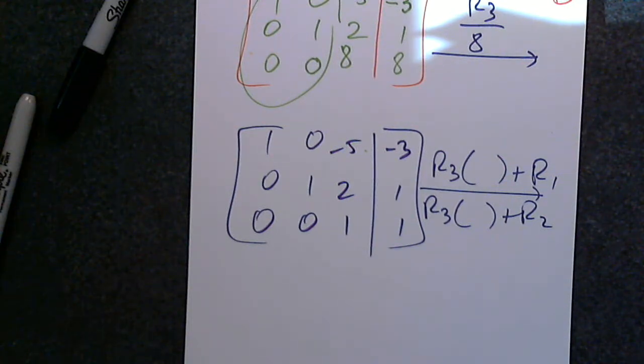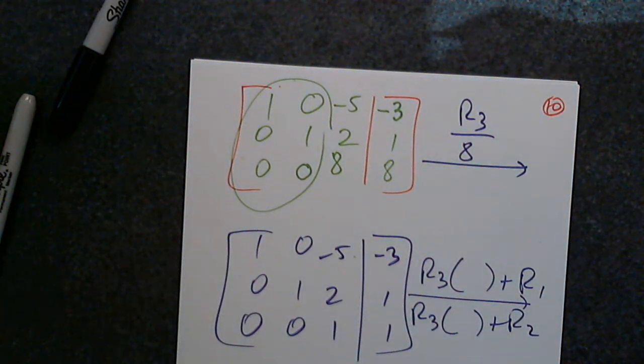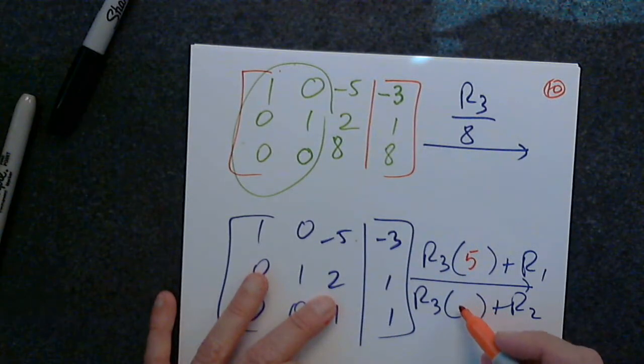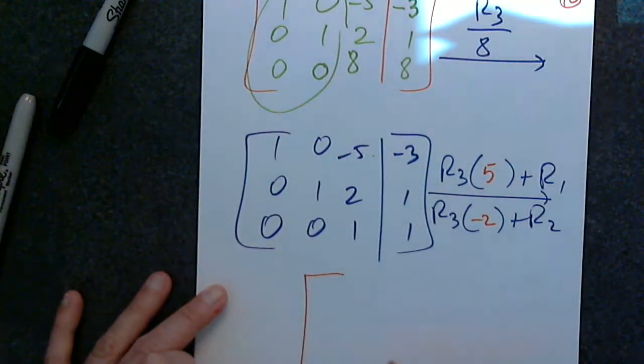Say it again. Oh, yes, of course. Is this okay? Perfect. Sorry about that. So what do we multiply by? So we need to multiply by 5 for row 1, excellent. And for row 2, we need to multiply by negative 2. And this is guaranteed to be the final step.